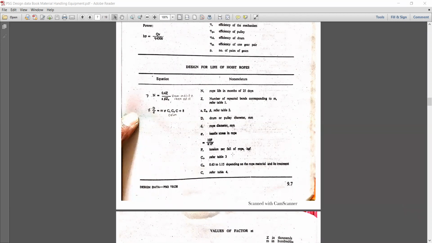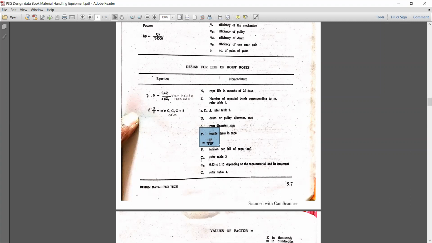So we have got all the values. Now we have to find out the value of sigma, that is the tensile strength in the rope, which can be calculated by using this formula, 4F divided by pi d square, on page number 9.7. So we have F, the load per fall, then the diameter we have, that is 32.